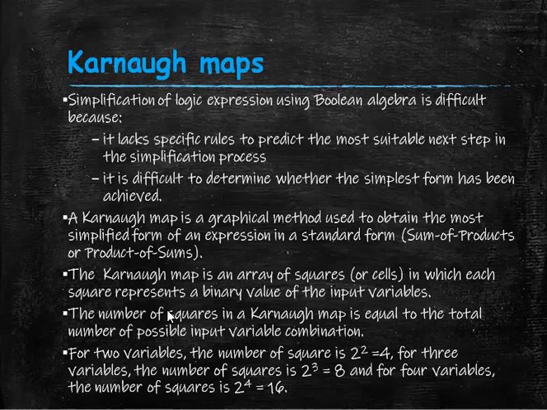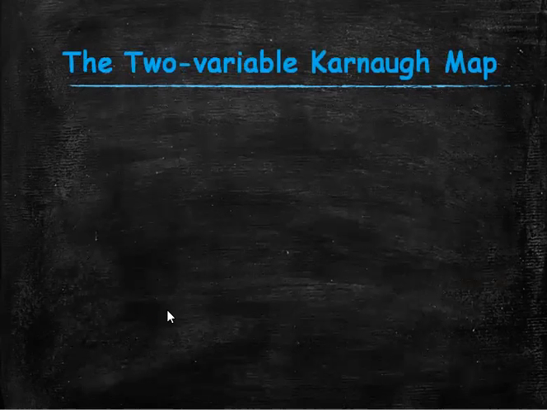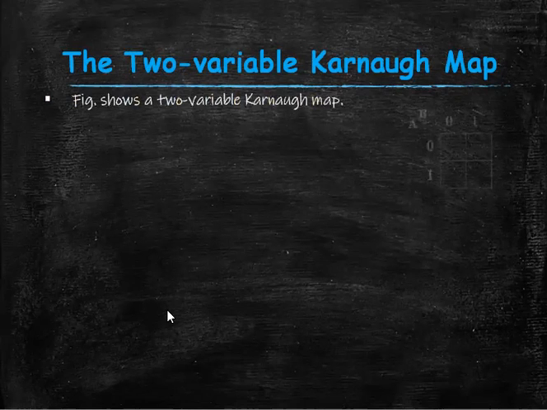First, we go to the lowest case, that is the 2 variable Karnaugh map. Here, the figure shows a 2 variable Karnaugh map.